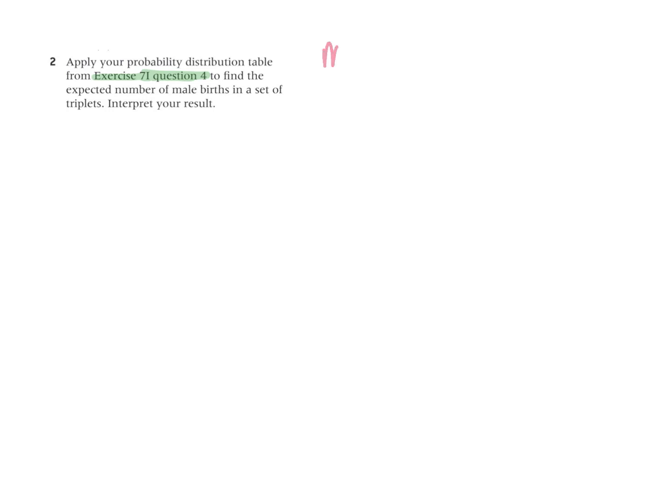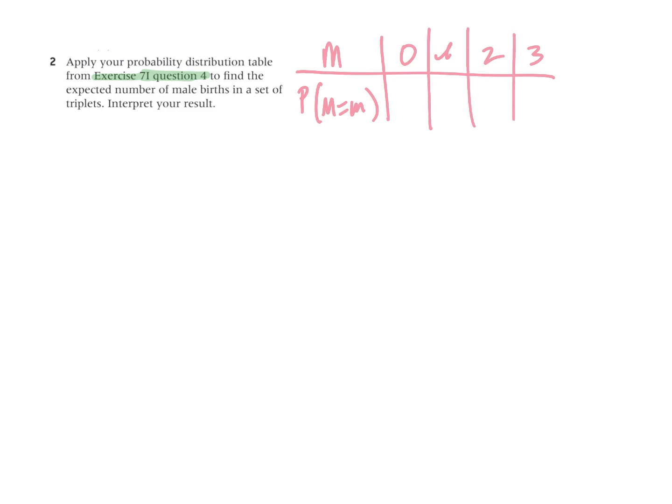But your males, probability of big M equals little m. You remember that the order mattered, so you can have no males, 1, 2, or 3. So you have 3 out of 3, right? Triplets.